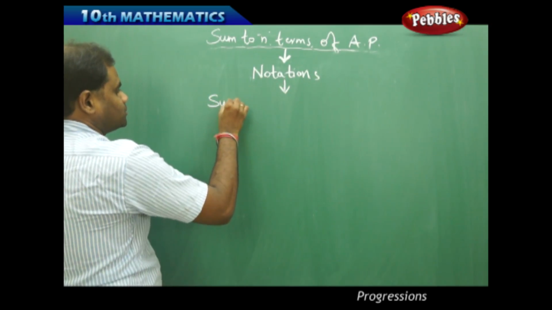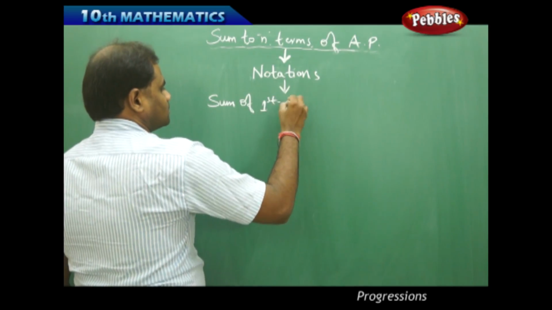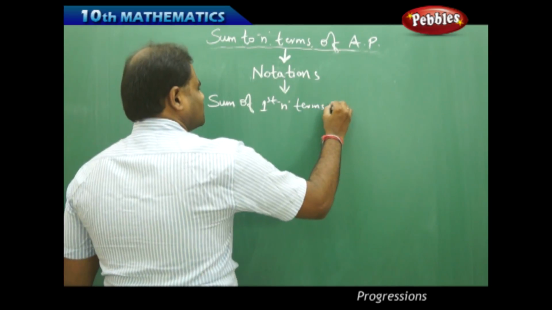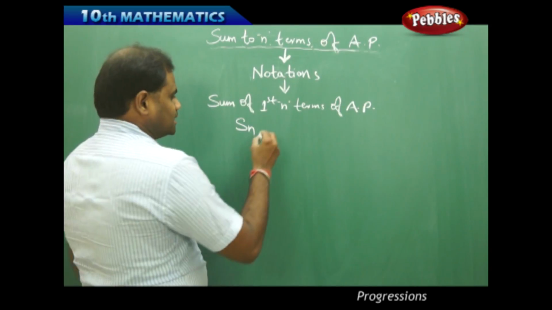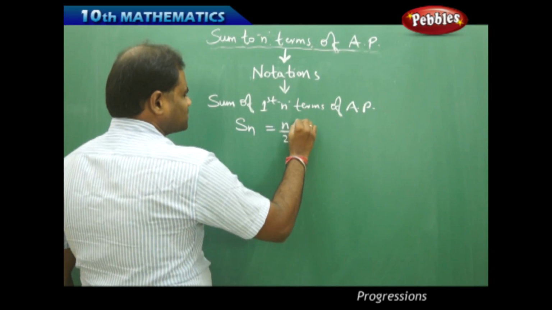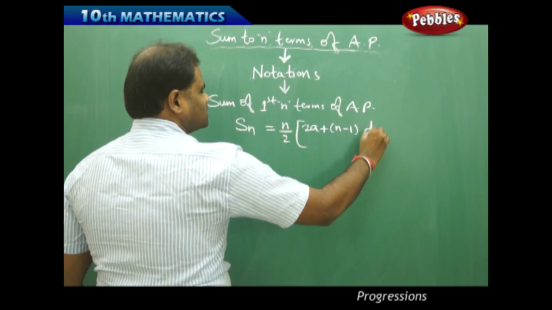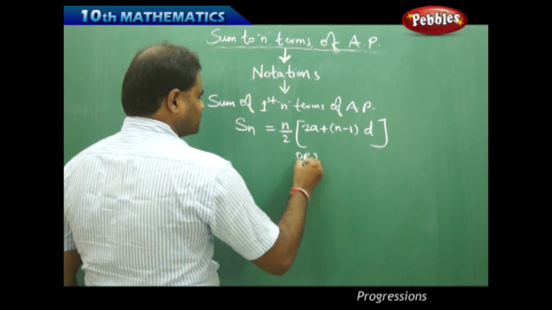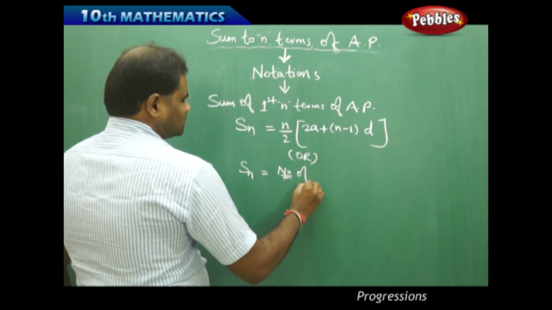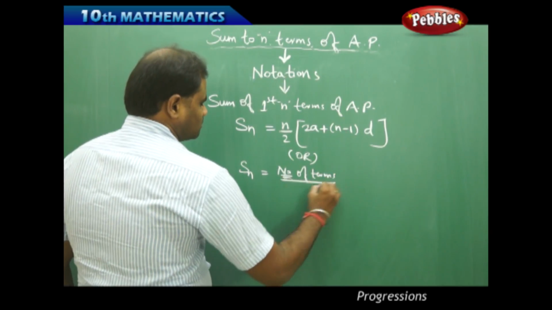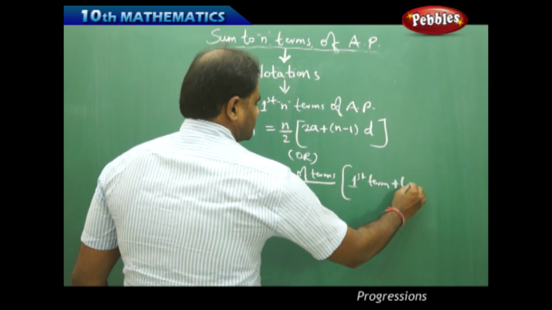So with the conclusion, we make that the sum of first n terms of an arithmetic progression, generally denoted by Sn, is given by the formula n by 2 times (2a plus (n minus 1) into d), or it is also given by the formula Sn equals number of terms by 2 times (first term plus the last term).